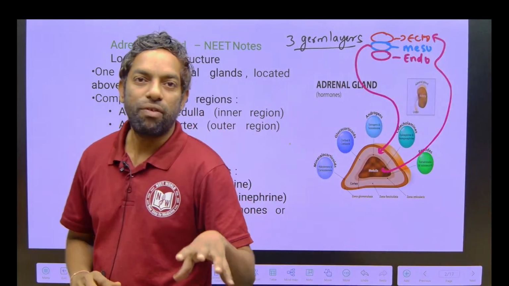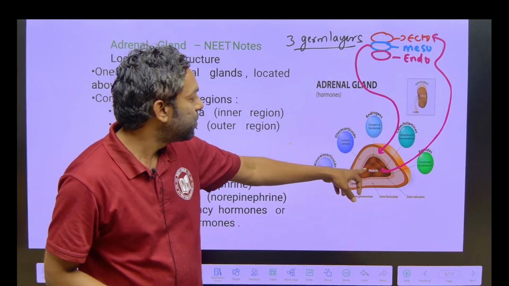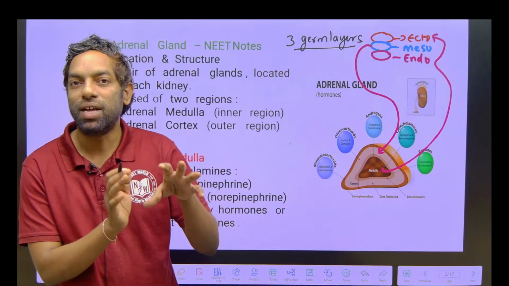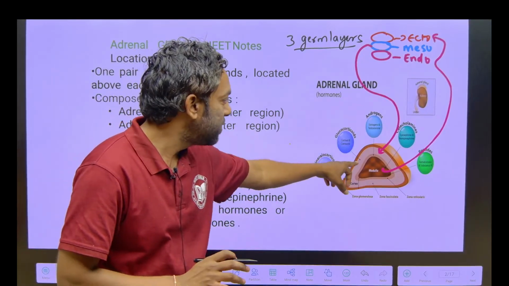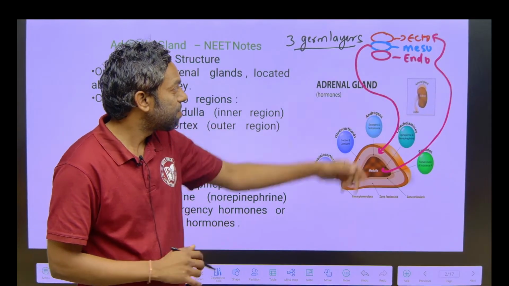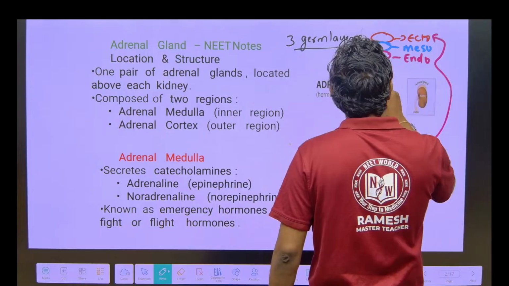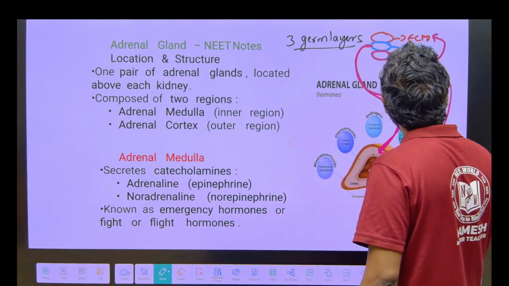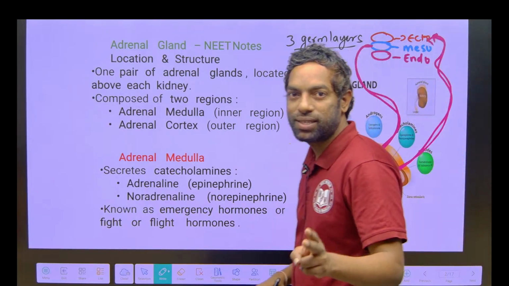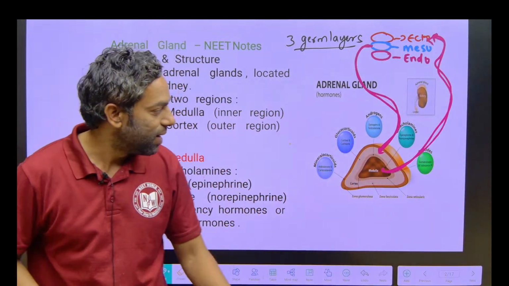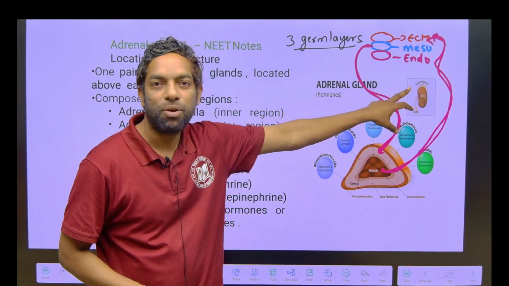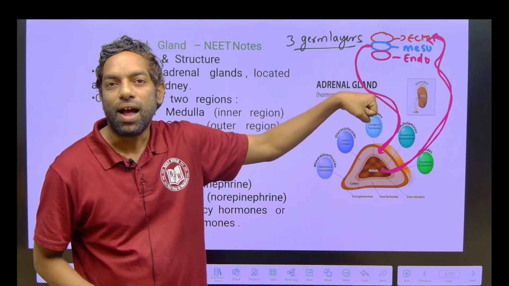The medulla originates from the ectoderm, and the cortex originates from the mesoderm. Two regions arise from these germ layers, and above the kidney there is a gland called the adrenal gland.